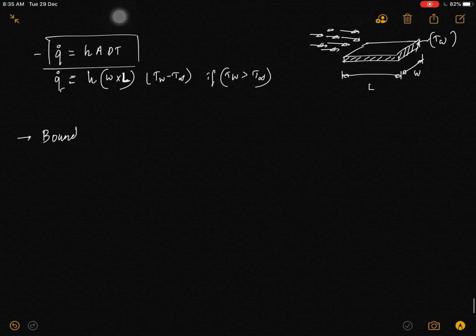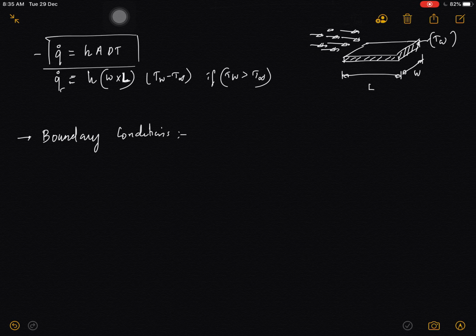That is, basically there are two types of boundary conditions with which we are determining the heat transfer rate or the Nusselt number value. As I already mentioned, this convection analysis is nothing but the determination of the convective heat transfer coefficient value, and from that we can determine the heat transfer rate.